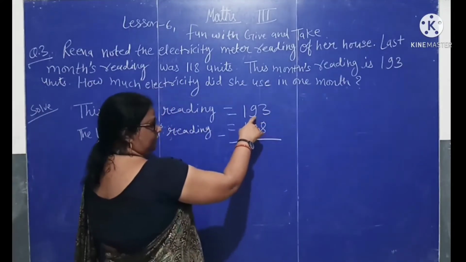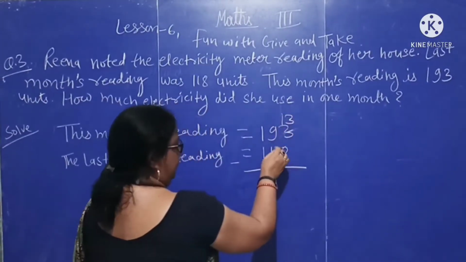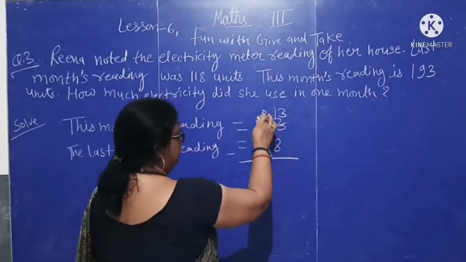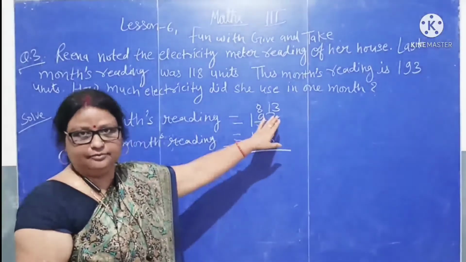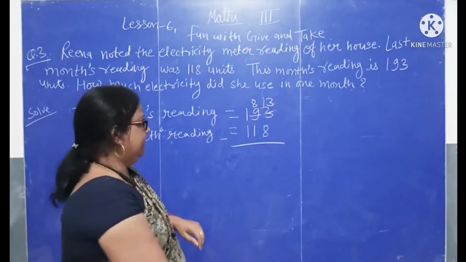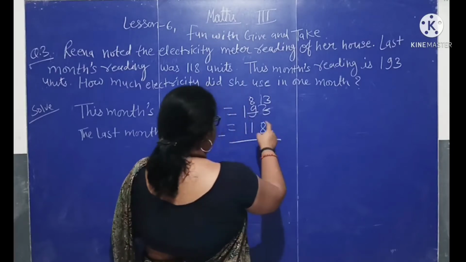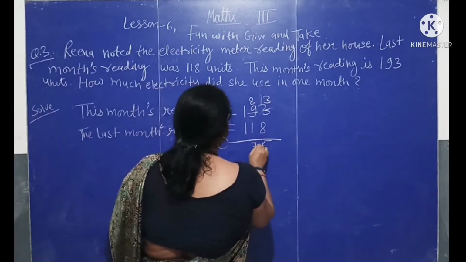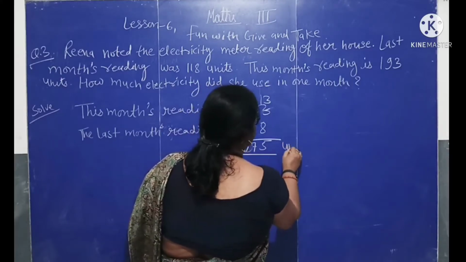Then here will be 13, and here will be 8. 13 minus 8 is 5. Then 8 minus 1 is 7, and 1 minus 1 is 0. So 75 units.